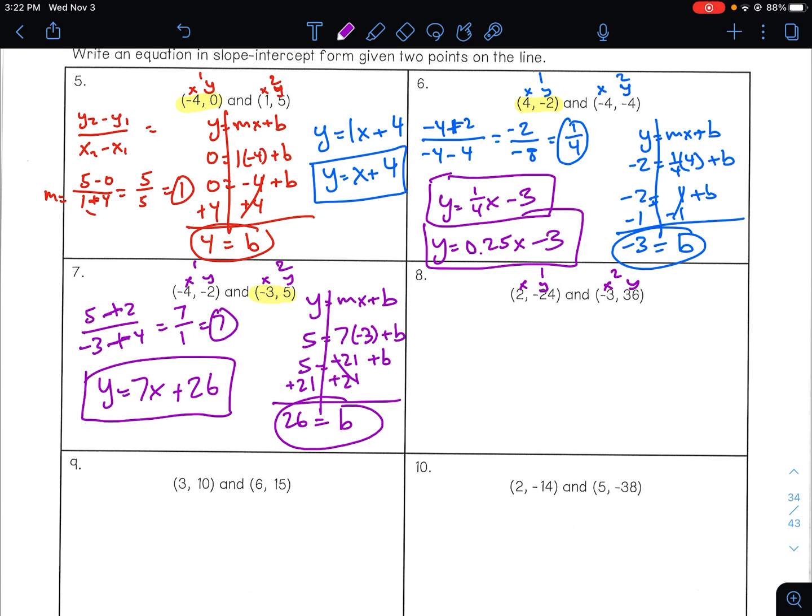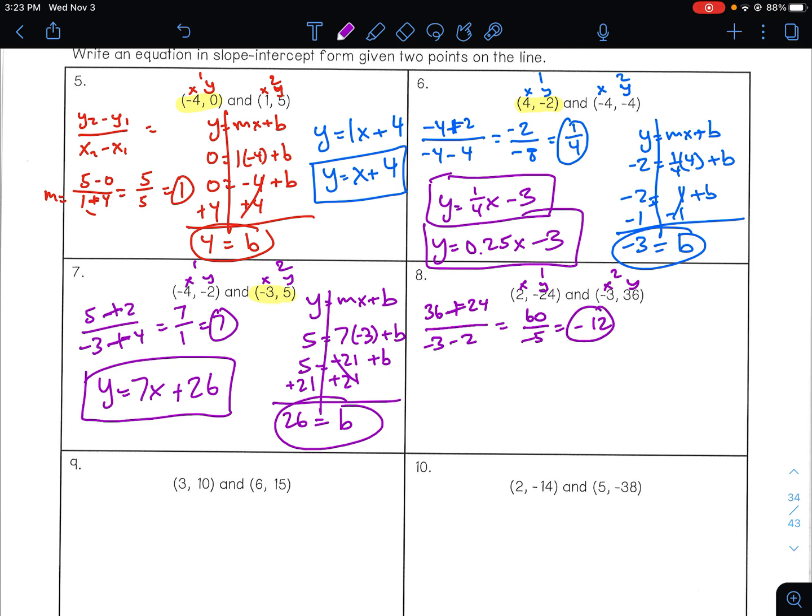Let's find the slope. y2 is 36, 36 minus -24. So I just add those two because minus negative. And then I have -3 minus 2. 36 plus 24 is 60. 60 over -5, which can be reduced to just -12. That's going to be my slope.